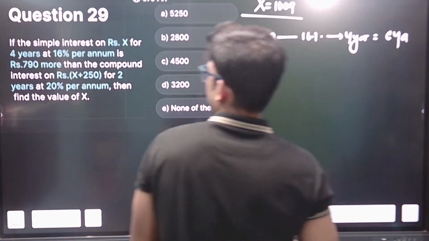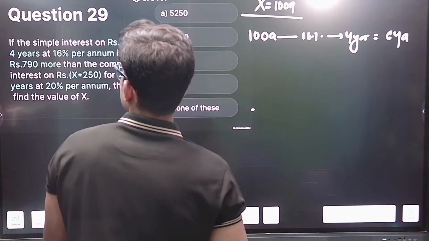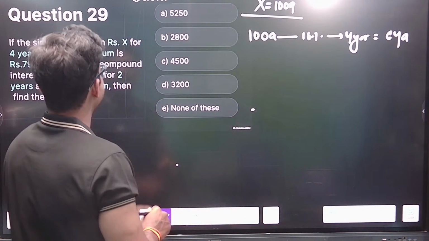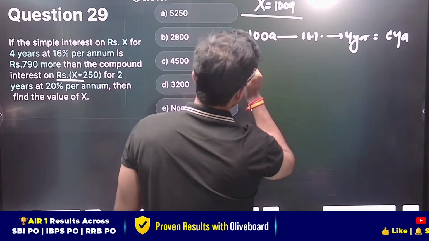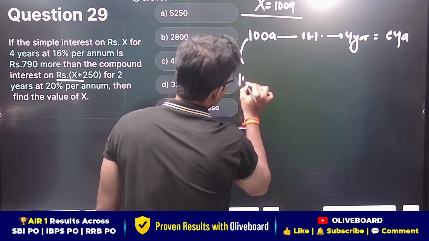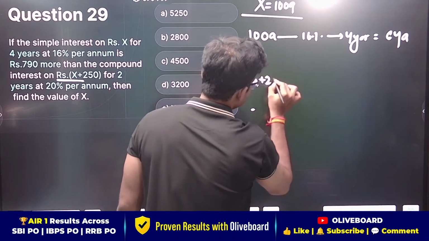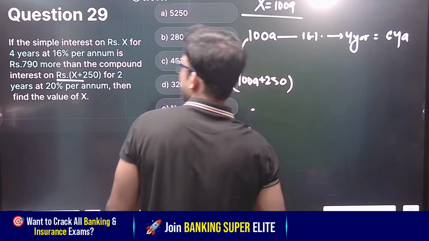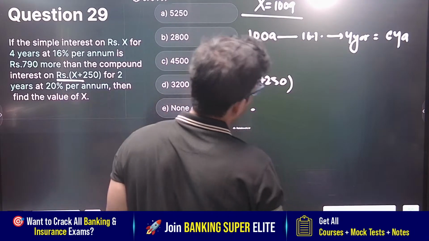Okay. Now they are saying that compound interest on rupees X plus 250. X is basically 100A. So compound interest would be on 100A plus 250, correct? For 2 years at 20%.